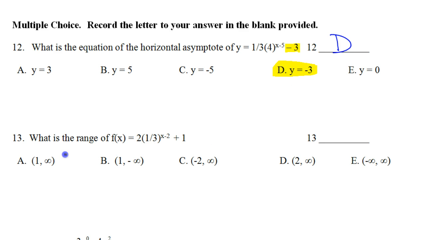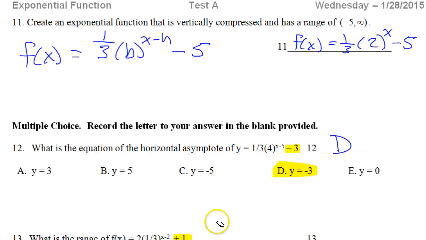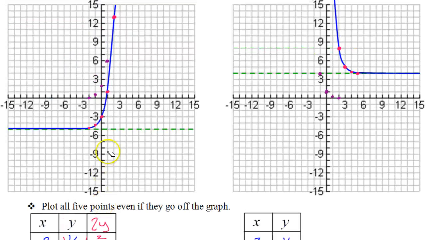Number 13, what is the range? Well, again, it's all about the horizontal asymptote. We have to be careful to make sure there's no reflection sneaking in there, turning the whole range upside down. But there is no reflection. There's no negative here. So the range is going to go from the asymptote up, just like we talked about for problem number 1.